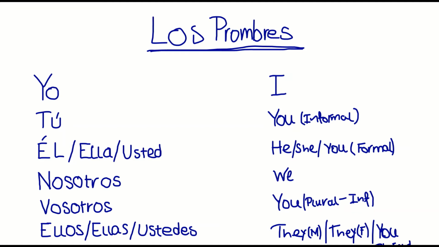Alright, so ellos, as I said, means they and is used for masculine, but ellos is also used in the general sense. Like if there is a group of both men and women, then it will be called ellos.